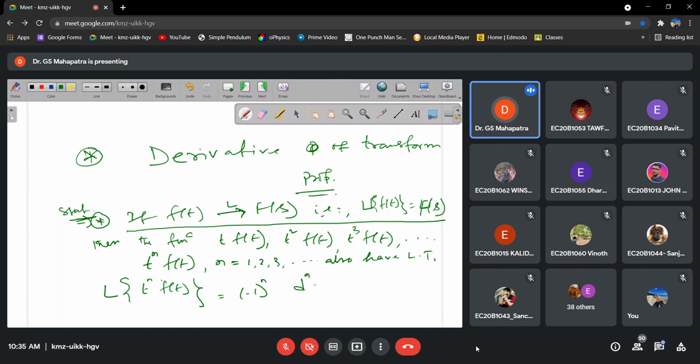The nth derivative of the function F of s with respect to s, d^n/ds^n. Okay, this is the answer. And of course, provided the real part of s is greater than something based on that function.